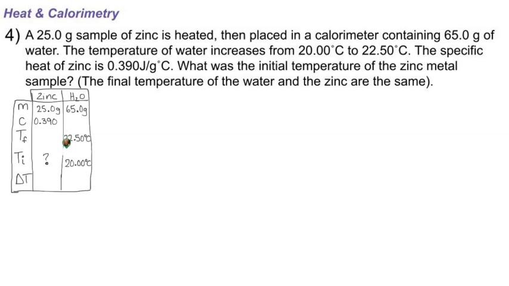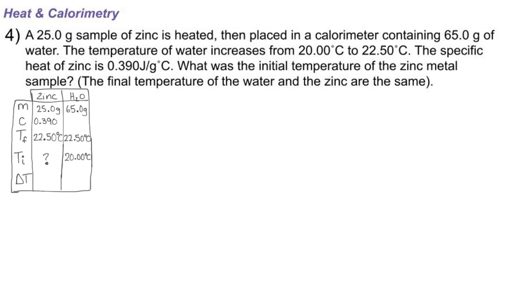Now we have all of our information written out in this table format, so it'll be easier to keep track of as we go through the problem, and it also is helpful when trying to figure out how many sig figs your answer should have. So we know the final temperature is the same for both of these.